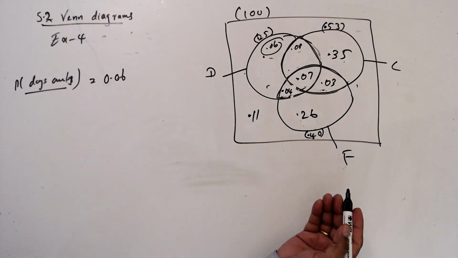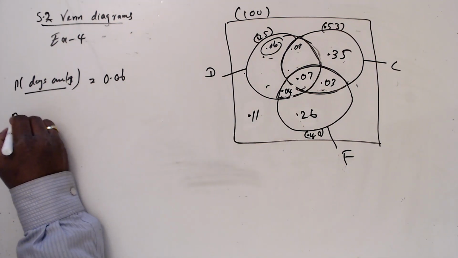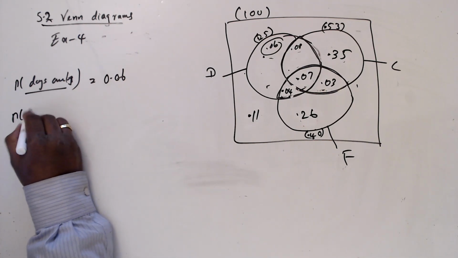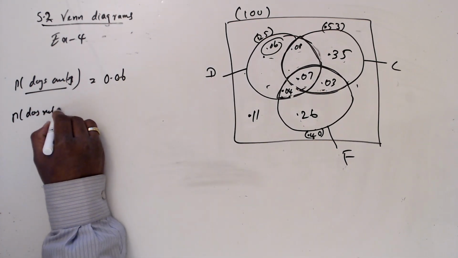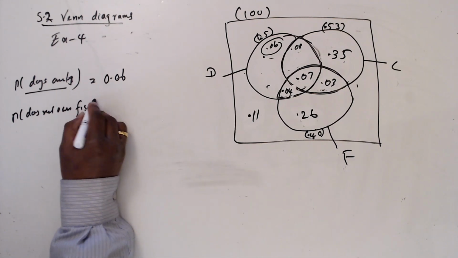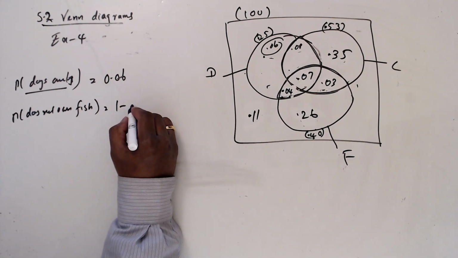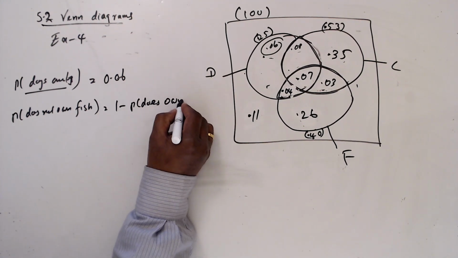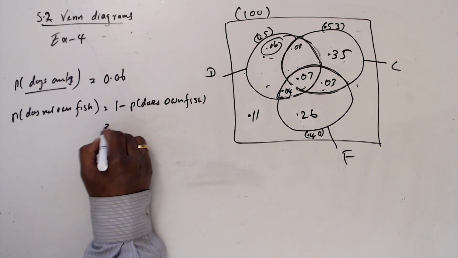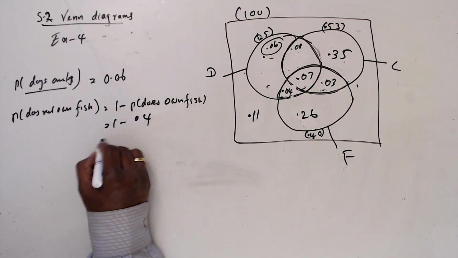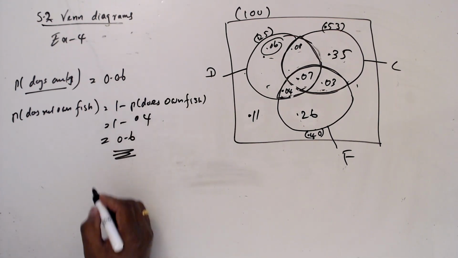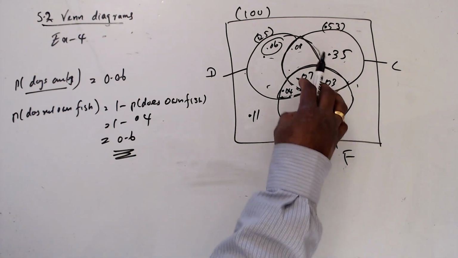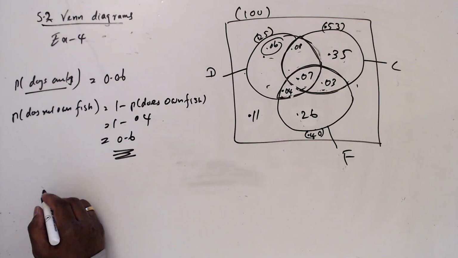Then does not own fish equals 1 minus probability of does own fish. So 1 minus 0.4, that is 0.6. Otherwise we have to add everything in the other areas apart from this one. The same answer you will get.